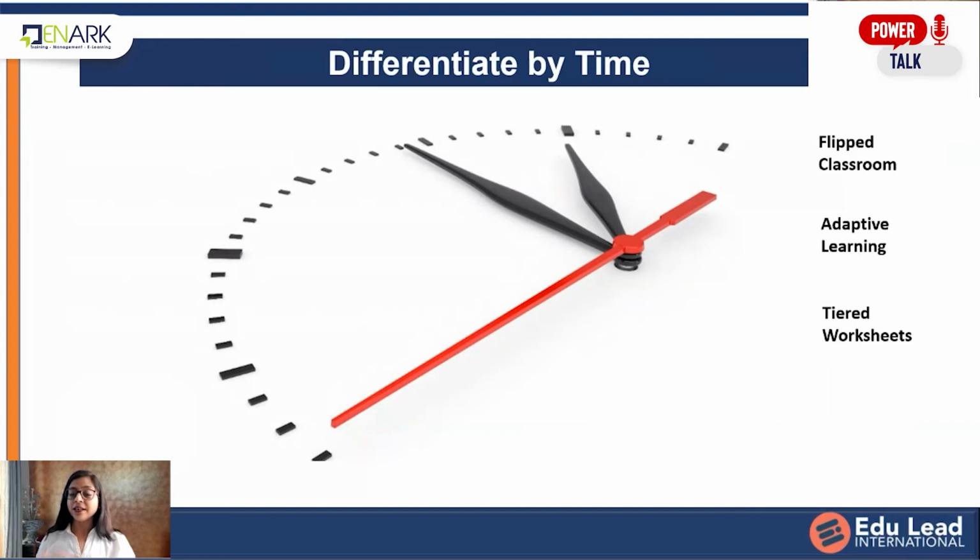So you can say that, okay, there are 20 minutes for all of you to work upon it, and it's your choice how much you are able to do within this time. So you'll find that the children who are struggling might be able to do just section A, but the children who are better in understanding of the concept might move to section B, and some of them might even move to section C. So in the same time, instead of making the children finish the worksheet and sit idle while the others have not finished, you've created a worksheet where all the children are engaged throughout and they're getting their level of challenge.